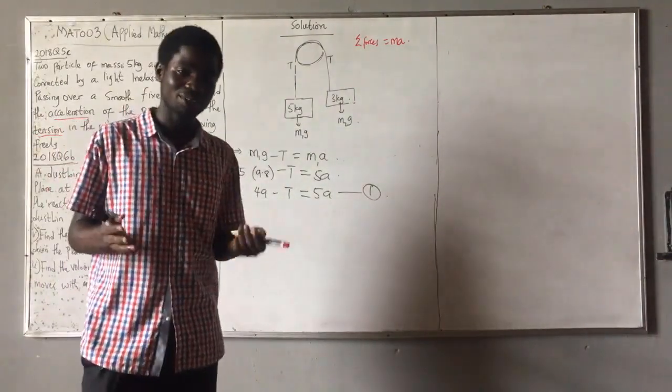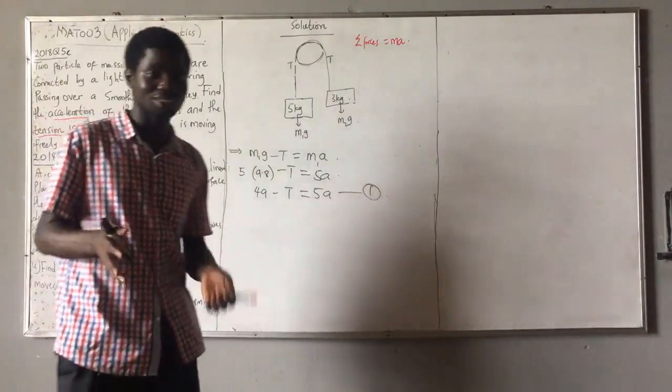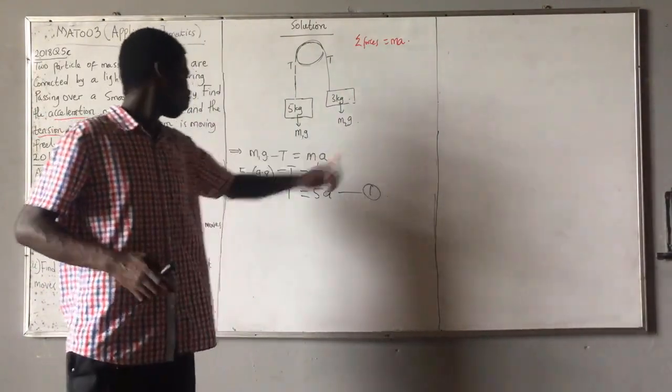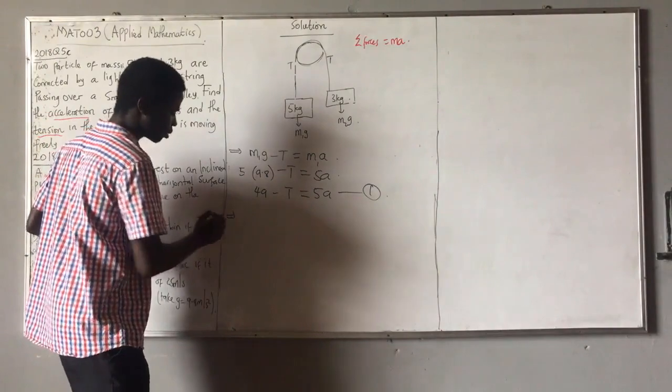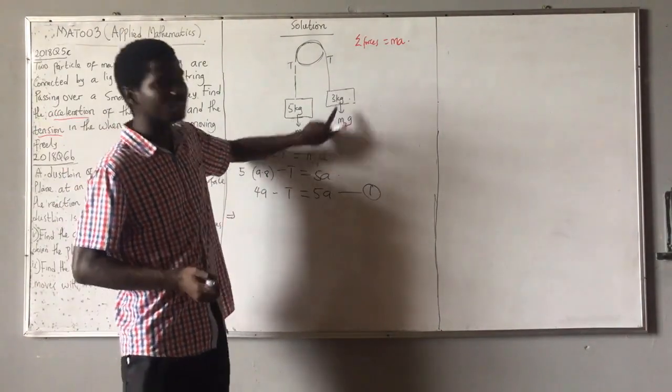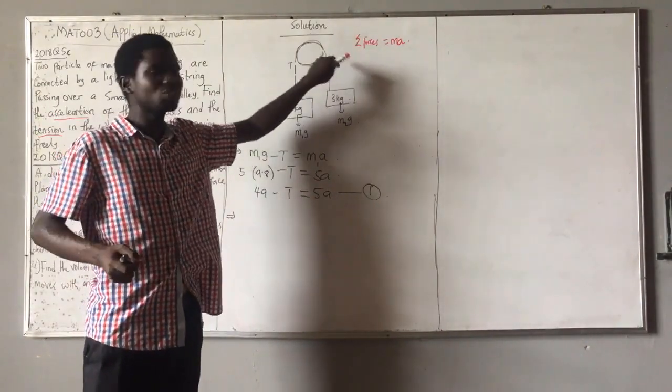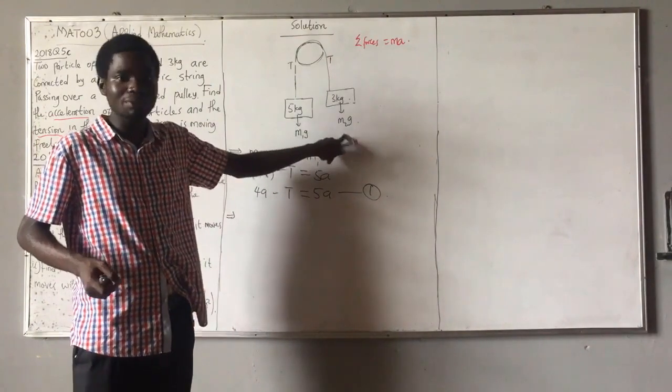You are going to get a simultaneous equation since they are asking you to get two things. So come to the second one, M2. M2 is going up, so the tension in this rope is greater than the weight of M2.